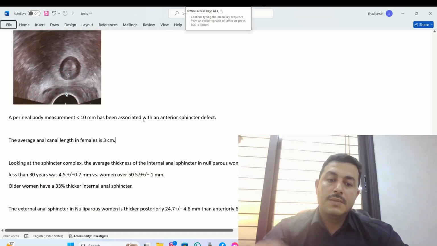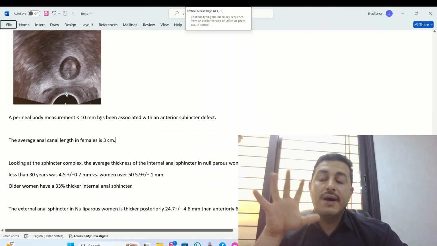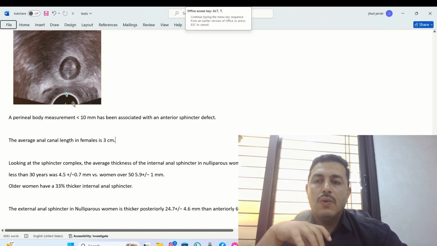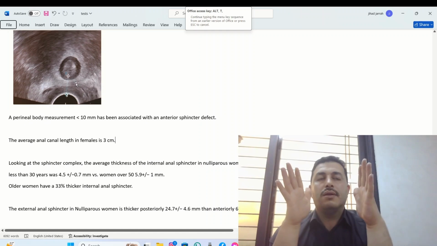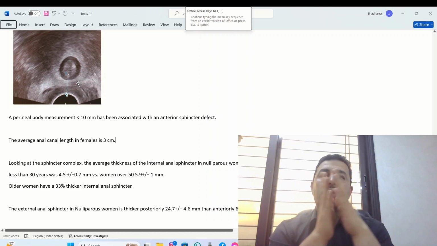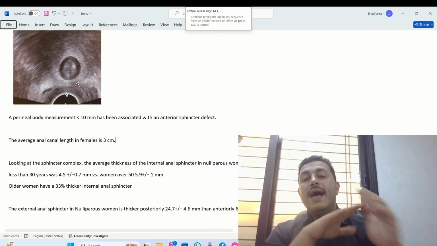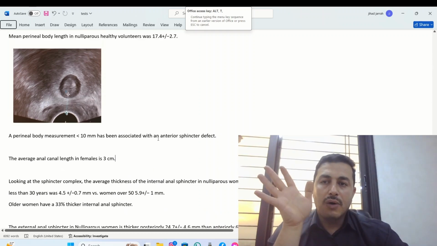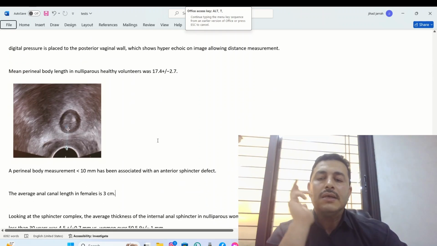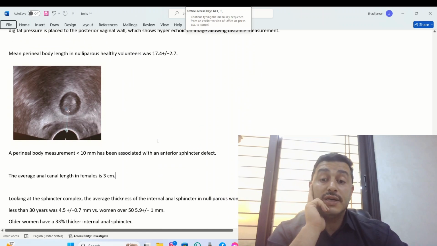What we can also measure by ultrasound is the perineal body, which is between the posterior vaginal wall and the anterior rectal wall. It is about 17 millimeter; less than 10 millimeter is associated with anterior sphincter defect.